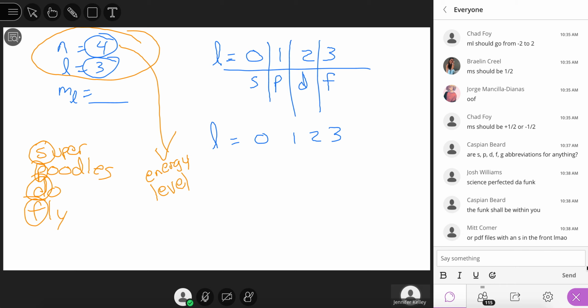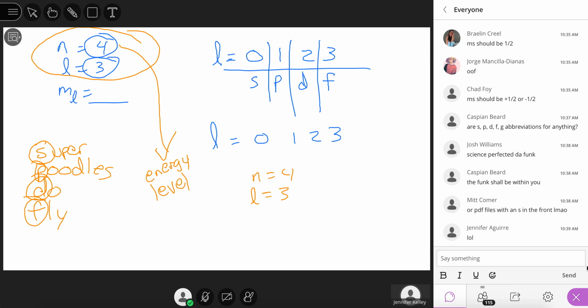So let's say, in this case, looking at N equals 4 and L equals 3, they pair these things together as a short abbreviation to give you a little bit more information about them. They would say, well, if L is 3, then it's an F. So then this part is called a 4F.